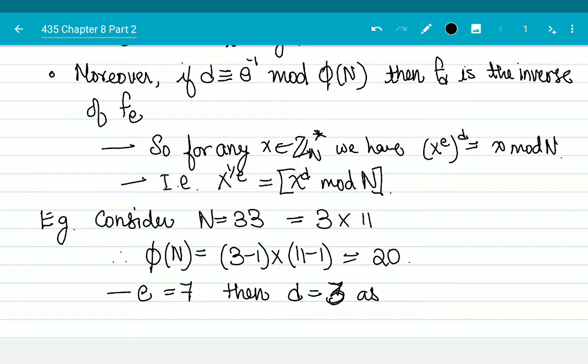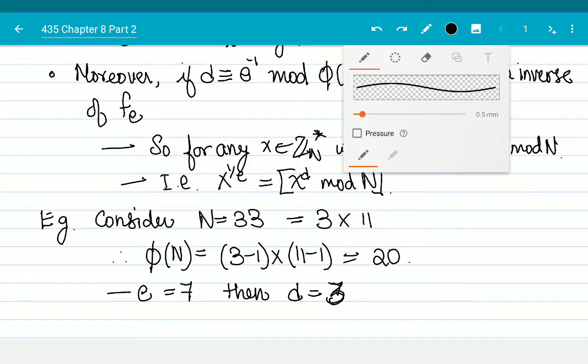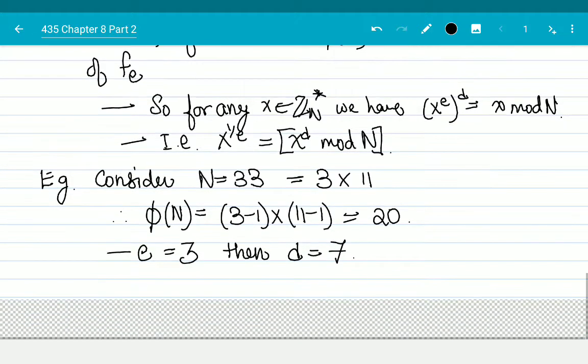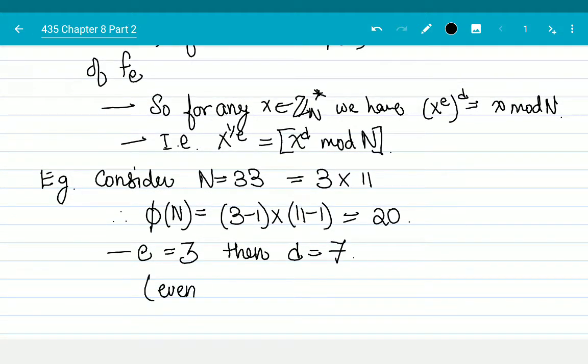Let me do this the other way around. If e is equal to 3, then d is equal to 7. Even though GCD of e and n is not equal to 1, we are fine.